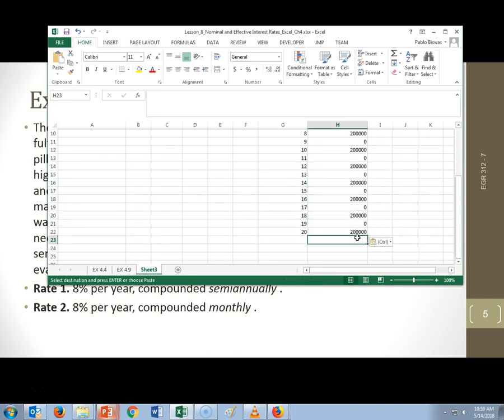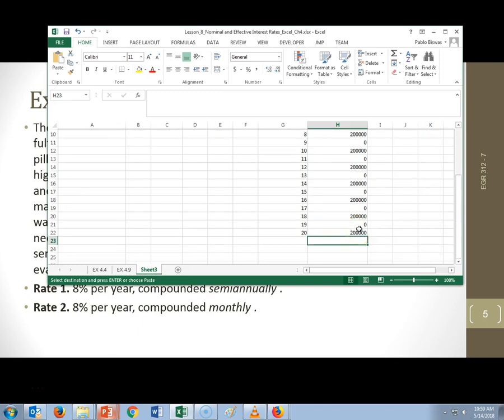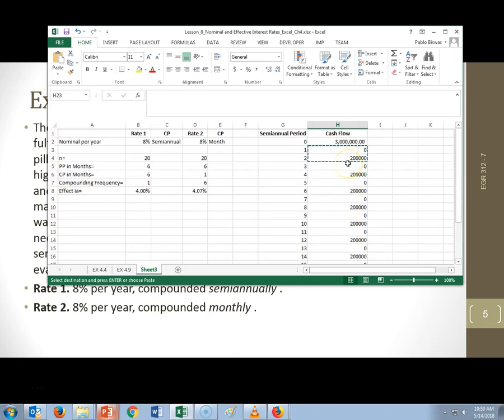Okay, so what we can find now using these 6-month annual worths, we need to convert that to the present worth. Okay, so to do that, find the present worth. We're going to have to use the NPV function.